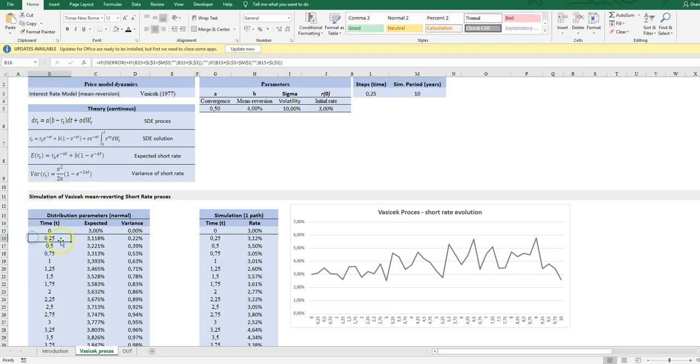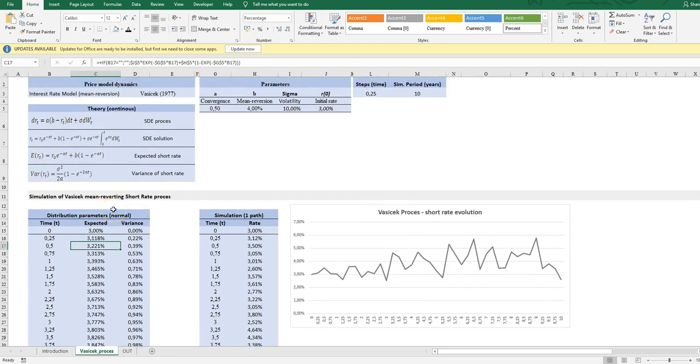So it's very easy to implement in a simulation by just drawing from a normal distribution described by these two moments, the mean and the variance. We see in both equations that there is no r_t. We only have the known level of r_0, which is the rate today when we initialize the process, and we have all the constants here, and the t is just the time period.